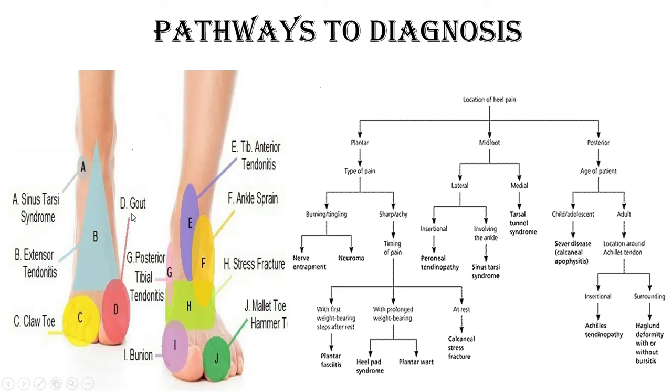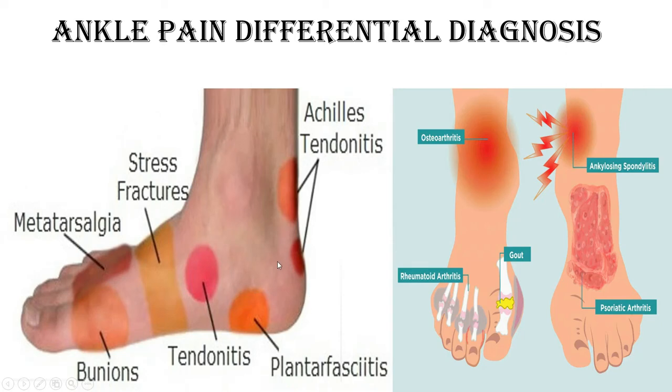But you have to think about children also. If there is any tenderness over this calcaneum and it is bilateral due to severe exertion, you can think of Sever disease, one type of osteochondritis. In adults also, if you see in a child at puberty, pain over this metatarsal area, and we see fragmentation in the X-ray, it is called Freiberg syndrome, also called osteochondritis of the metatarsal head or neck.